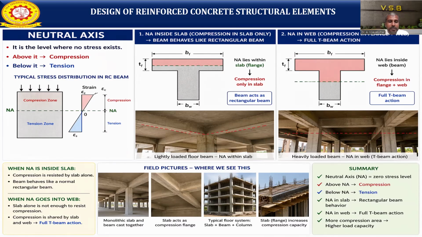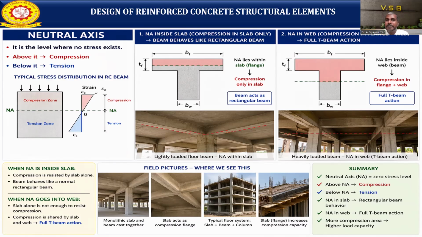Take a single rectangular beam: if you mark the neutral axis, there are no stresses at that point. This is called the stress distribution diagram. Above the neutral axis is the compression zone, and below the neutral axis is the tension zone.